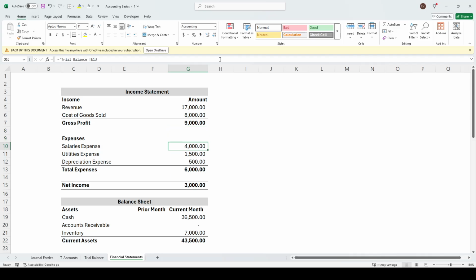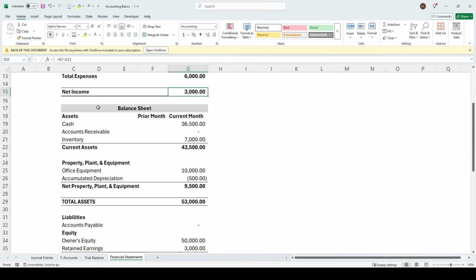You will see we had $4,000 of salary expense, we had utilities expense of $1,500, and we had depreciation expense of $500. So total expenses, we had $6,000 for the month, and so that leads us to our net income of $3,000. And net income is calculated by subtracting the $6,000 of expenses from our total gross profit of $9,000. Okay, so now we have our income statement.